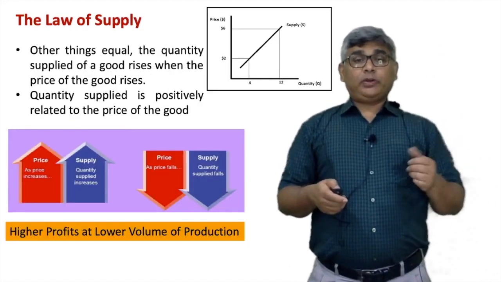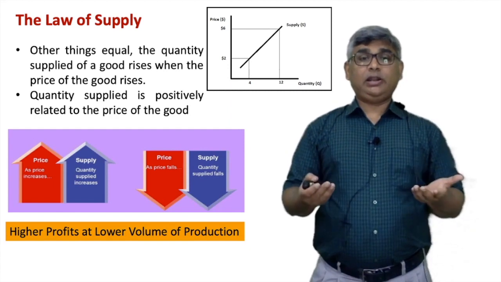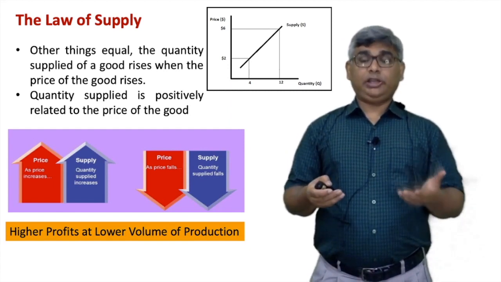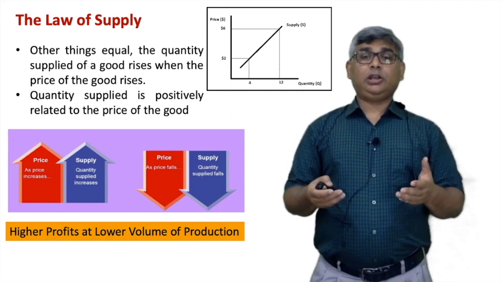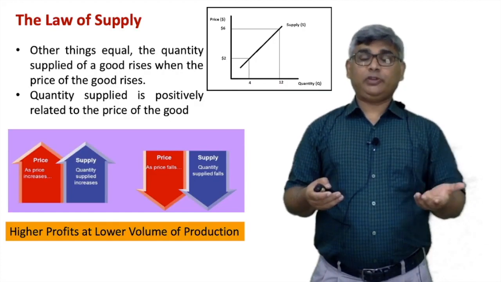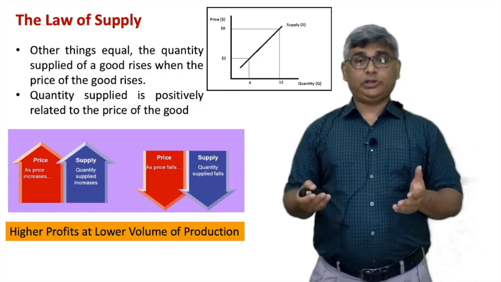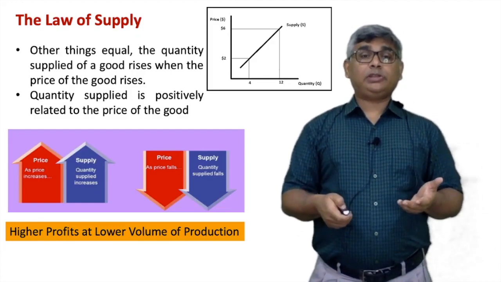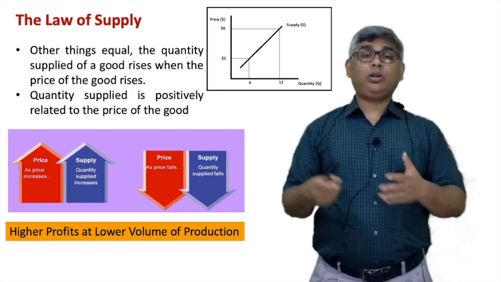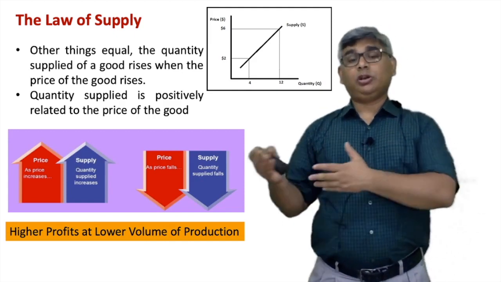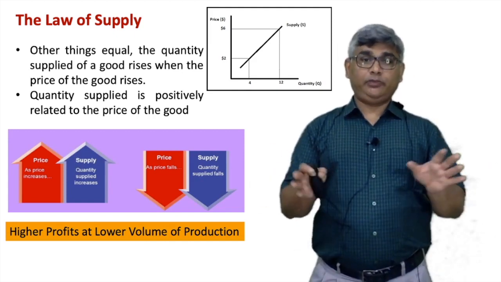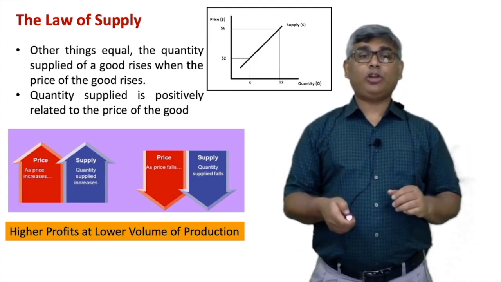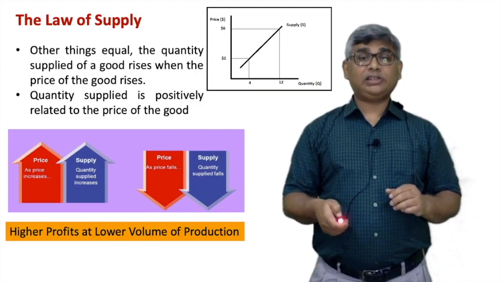We have the law of demand, which states that the demand decreases whenever there is a higher price of that commodity and vice versa. On similar lines, we have the law of supply. That means, other factors being equal, competitors, technology, raw material, all these factors we are not taking into consideration, the quantity supplied of the good rises when the price of that good rises.